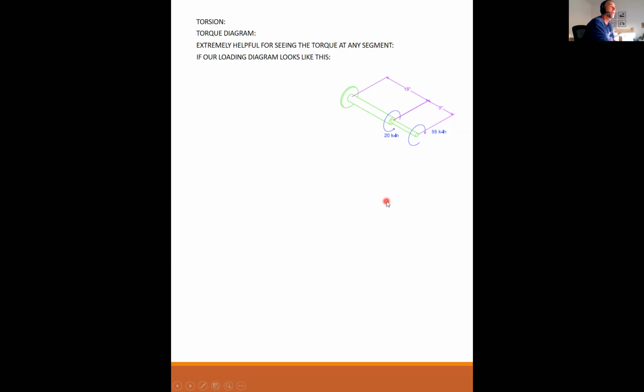But can you all look at this and tell me what is the internal torque in this member and what is the internal torque in this member? Is that something you can just look at and instantly know?